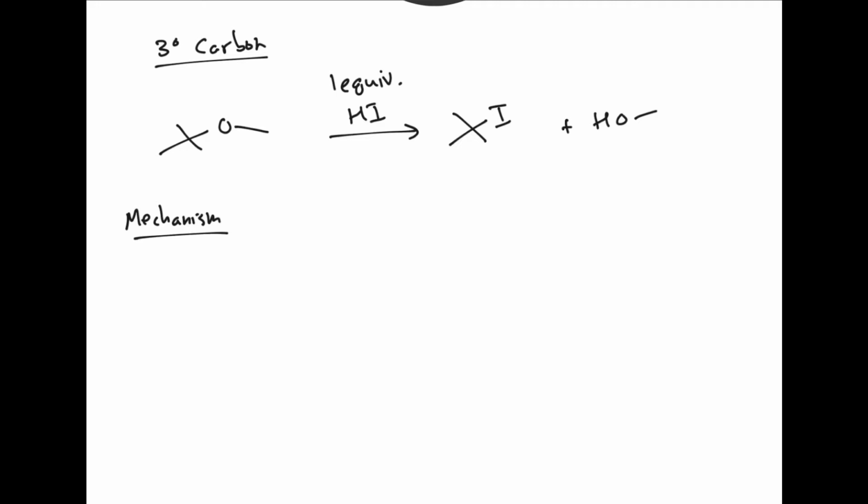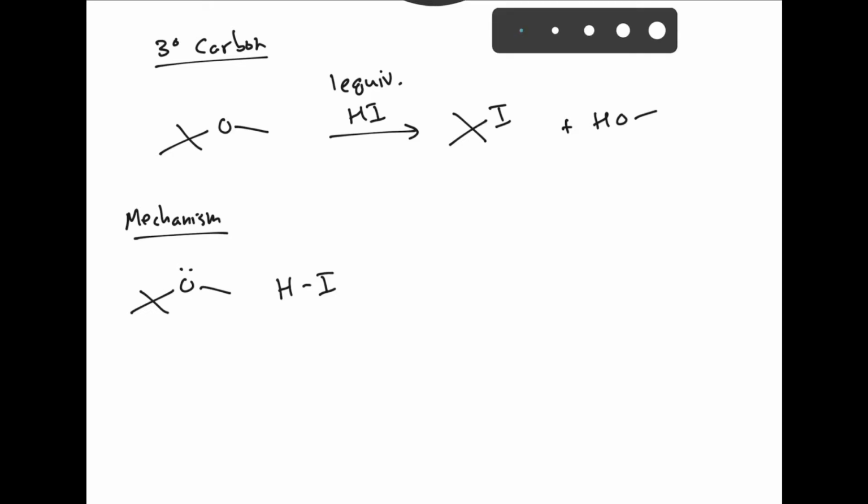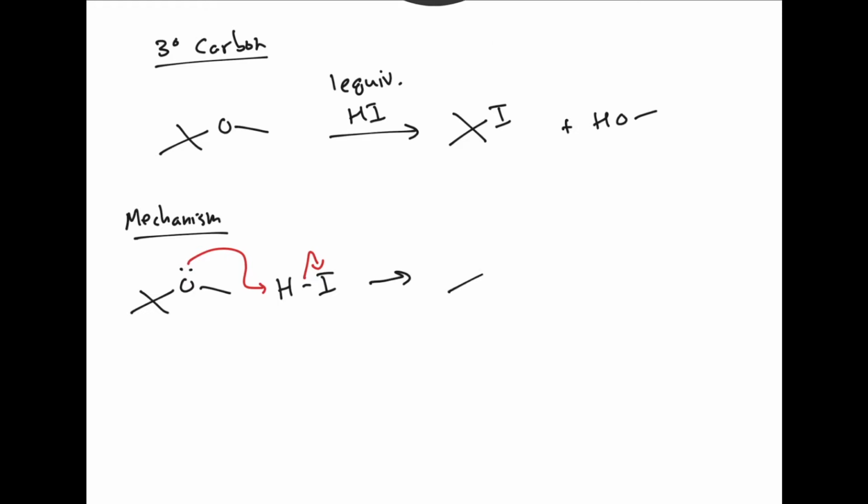And the reason for this is that your mechanism changes. The beginning is exactly the same. I've got my HI, my oxygen adds to my hydrogen, breaks my hydrogen iodide bond, and I get my protonated ether, my I minus.